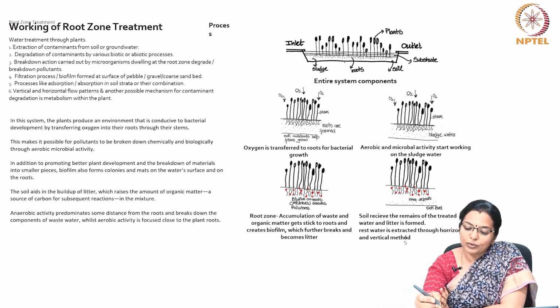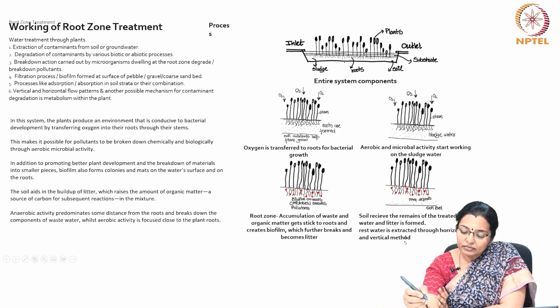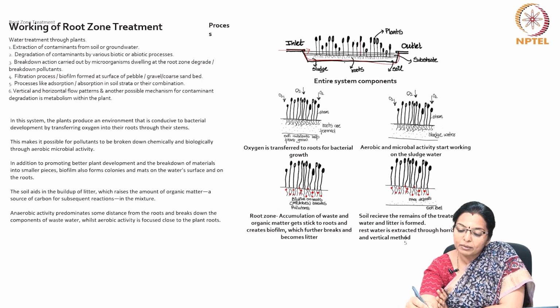So in this you can see that the entire system works by having an inlet of the contaminant or the sewage into a pond. There are specific plants. We will look at what they are in detail in the forthcoming slides.